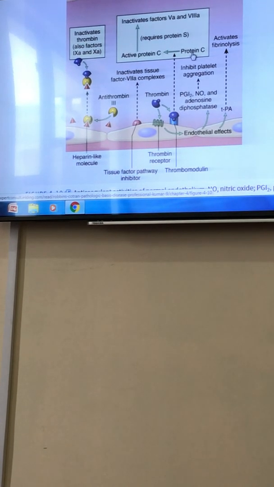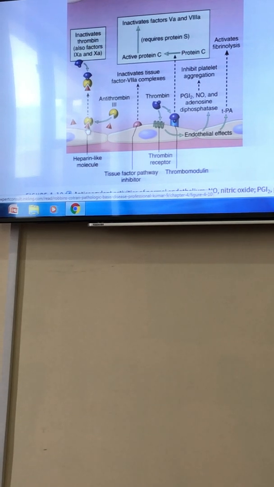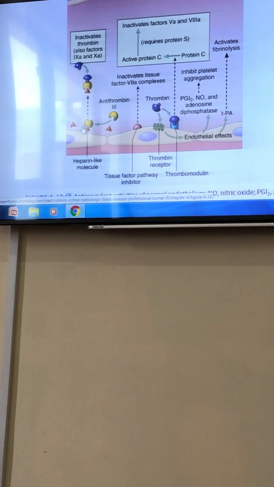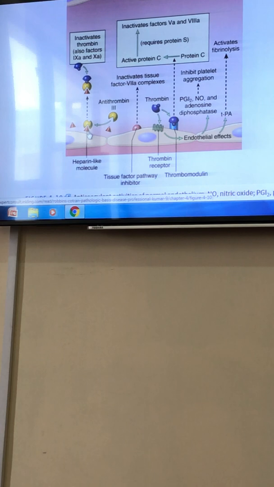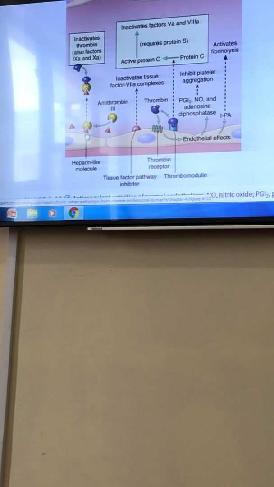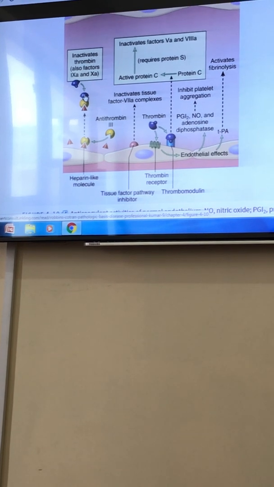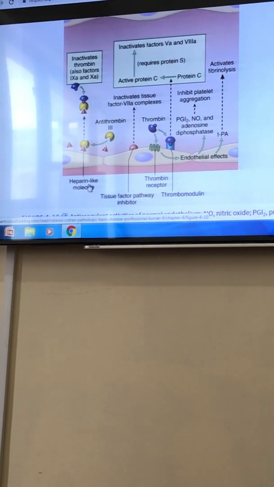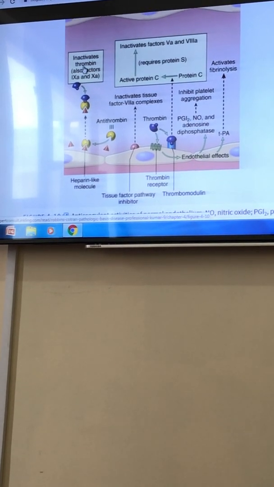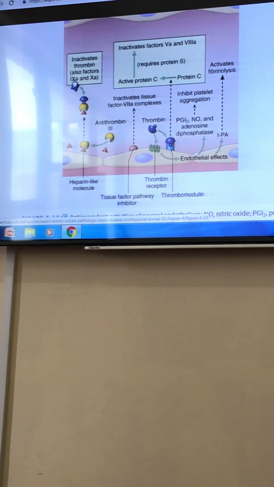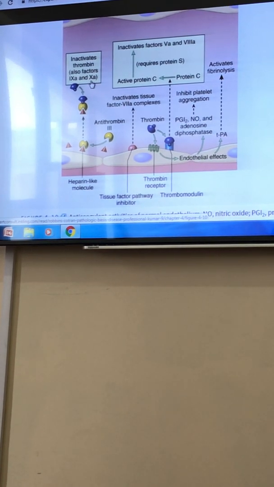And also the endothelial cell has a heparin-like molecule that also inactivates thrombin. By this, the heparin-like molecule can inactivate thrombin and also factors 9 and 10.